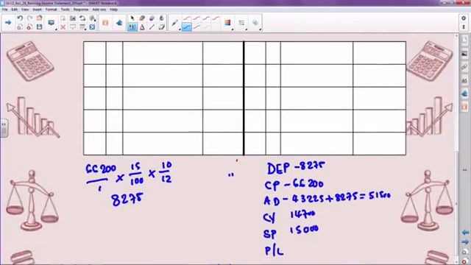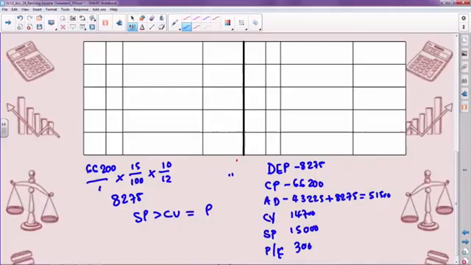Clearly, you can see that your selling price is greater than your carrying value, and therefore you have made a profit, and a profit of how much? 300 Rand. So, grade 12s, what have you noticed? Without making a single accounting entry, I have determined that I have made a profit on sale of assets of 300 Rand by merely using my table.